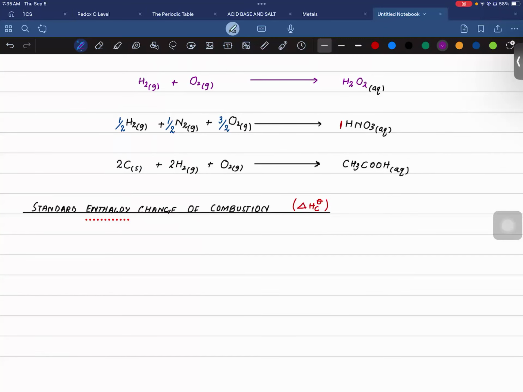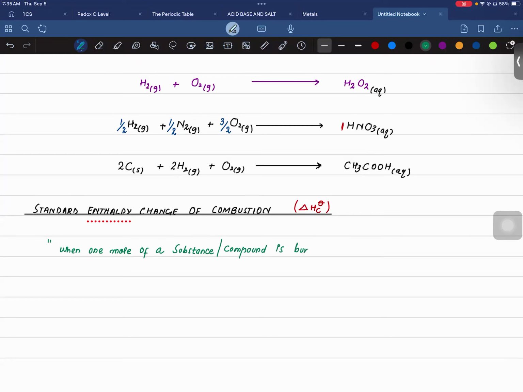Combustion means that when 1 mole of a substance or a compound is burned in an excess of oxygen to form respective oxides.